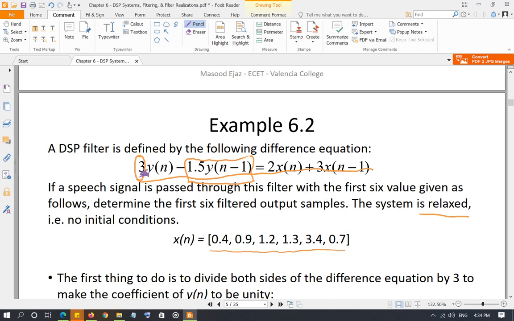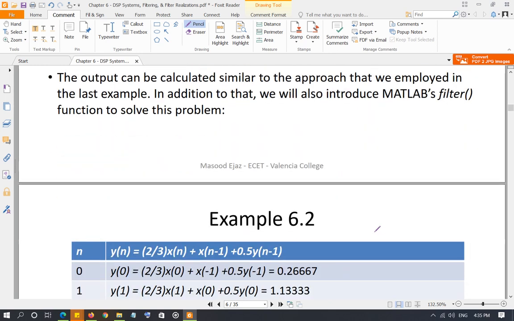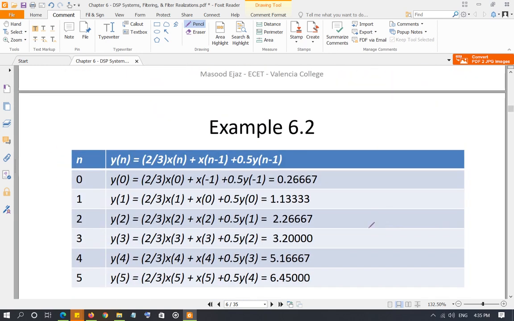So the first thing we're going to do is divide both sides by 3 to get rid of this coefficient of y, and that's what we did first, and rewrote our difference equation. Then we did the same thing that we did in the last problem, and calculated y of n like this, and all these values.